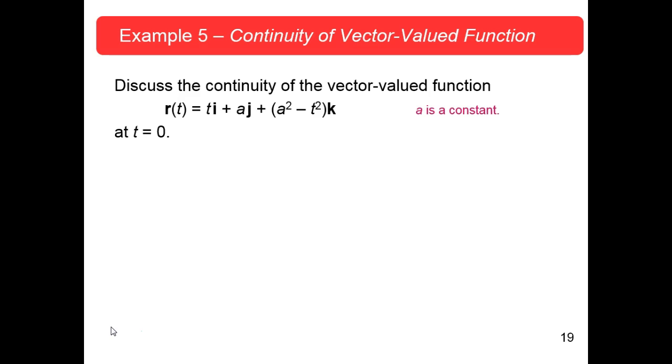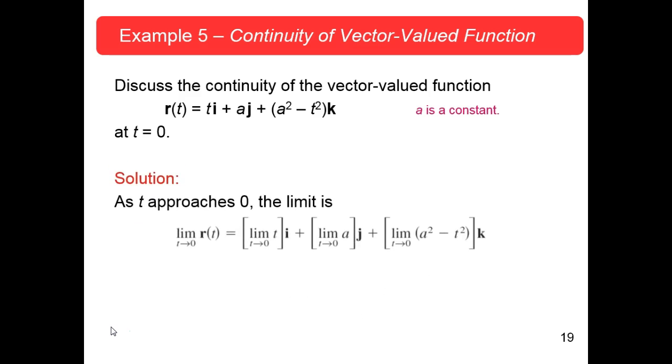So this vector valued function at t equals 0, r of 0, would be 0i plus a j plus a squared k. That would be the value of that vector valued function there. All dependent on a, nothing else.